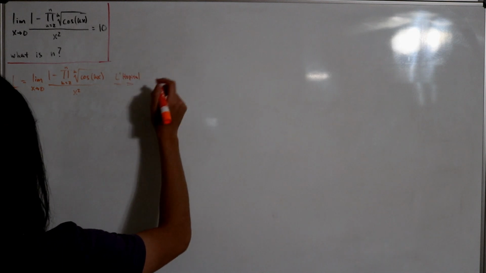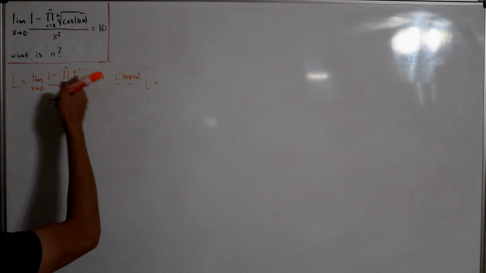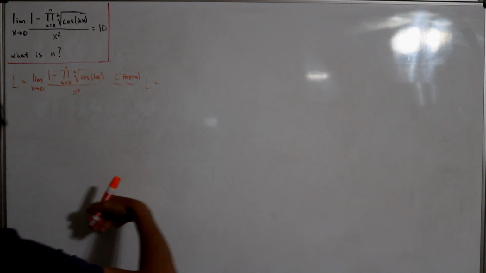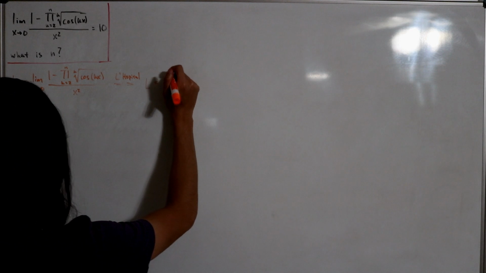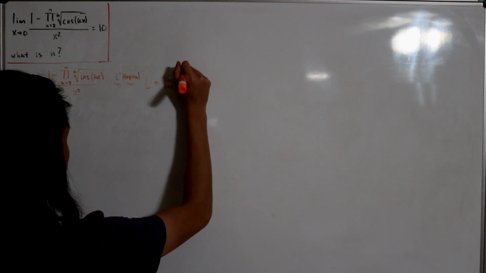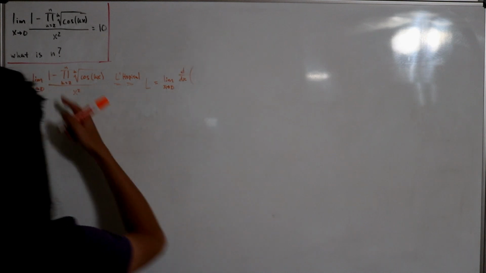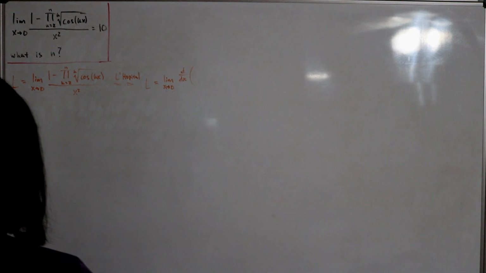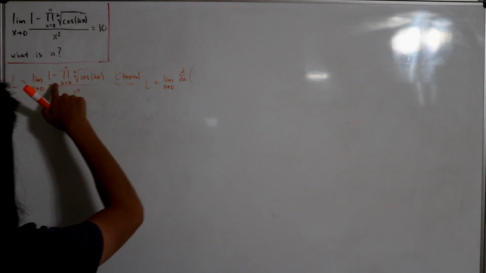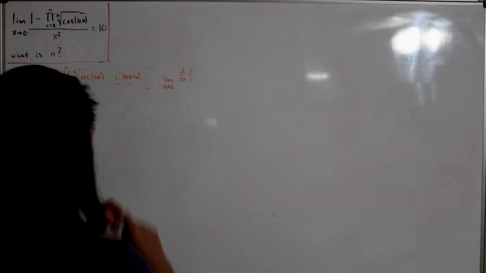That means I have to take the derivative of the top and the derivative of the bottom. So this is still a limit, and then d over dx of, well, the derivative of 1 is just 0, so we don't need to worry about that. Since there's a negative out front, I'll move the negative in front of the limit.